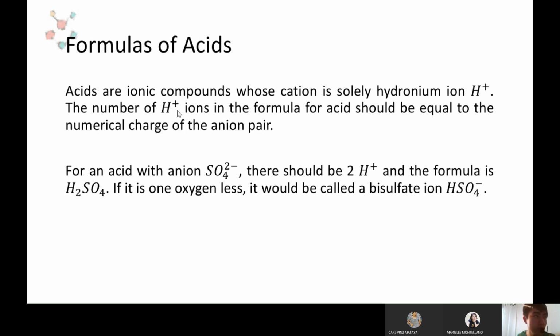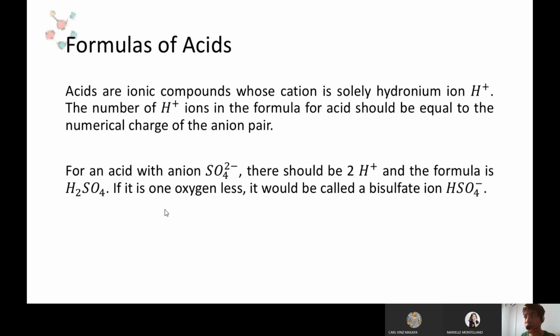The number of hydronium ions that should be present, yung number ng hydrogen atoms na present dapat, should be equal to the charge of the anion pair. For example, we have sulfate. Ano yung charge niya? Negative 2. So, meaning nun, dapat dalawang hydronium ion yung meron tayo. Kasi kapag less than that, anion yung mabubuo natin, yung bisulfate na.